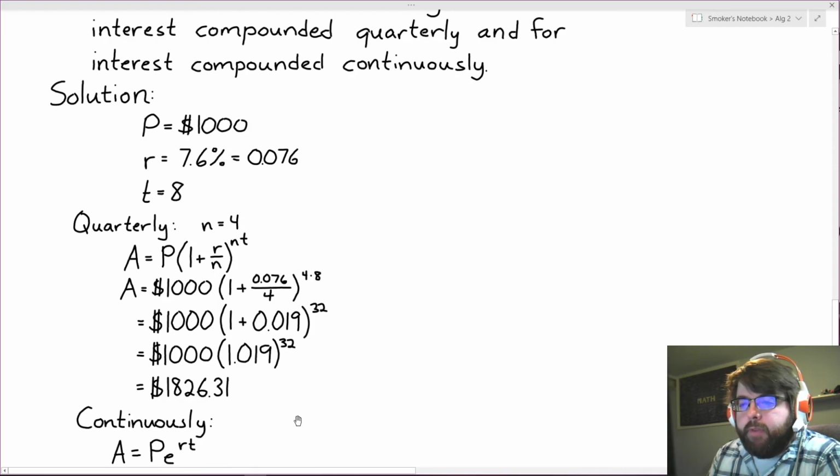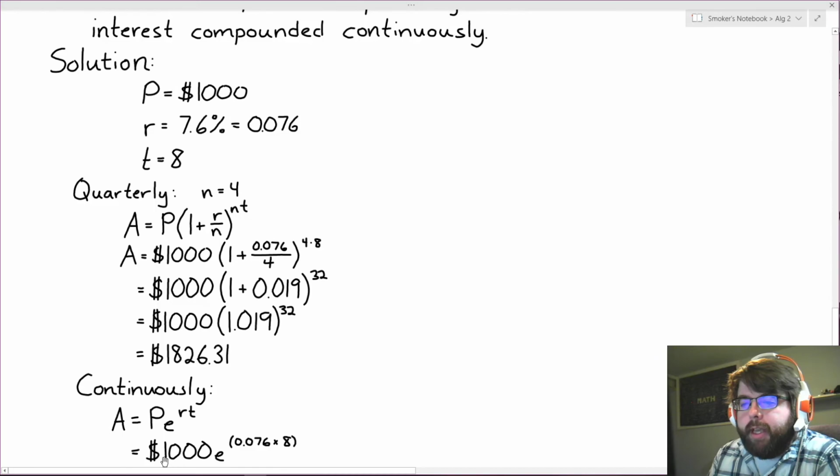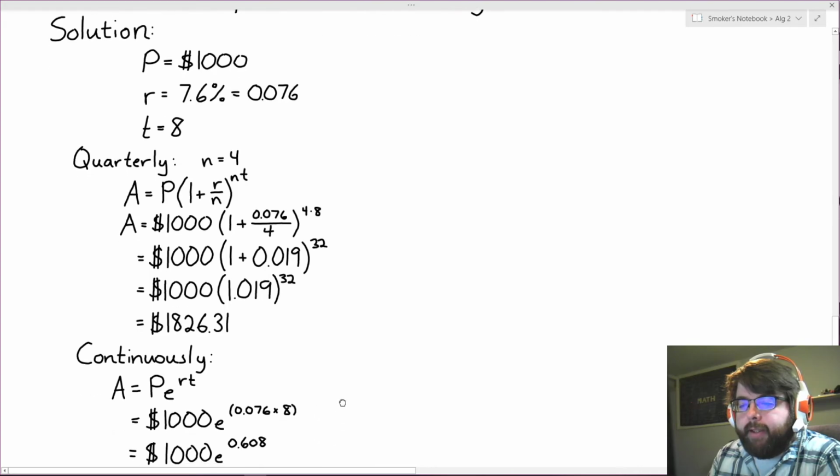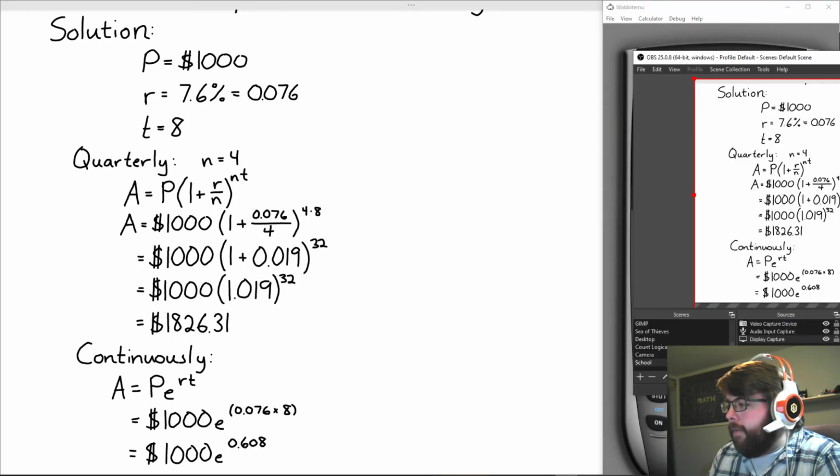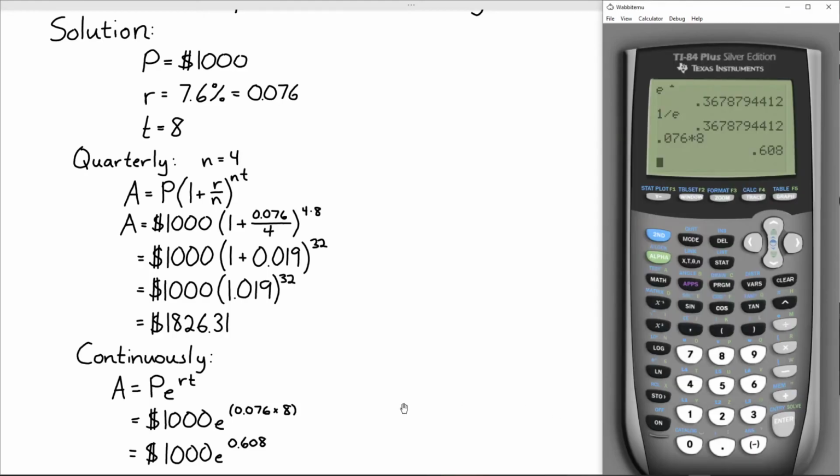This is a number, okay? So we would take 1,000 times e, and then 0.076 times 8, which if you take that on your calculator, this is how you do it. I know my screen's blocking it. So that's where I got 0.608, and then to do e, I'm going to press second e, raised to the power of 0.608.